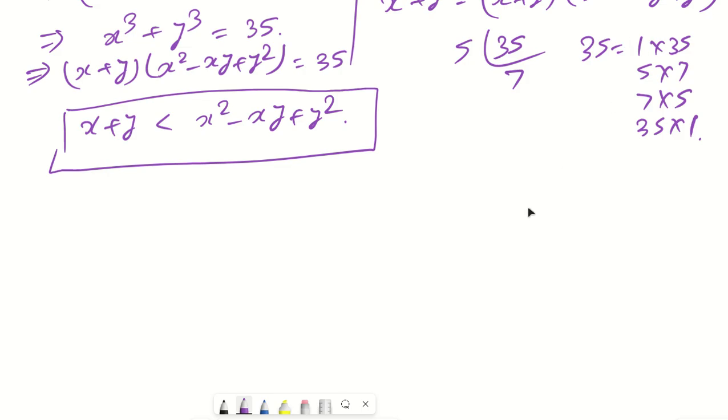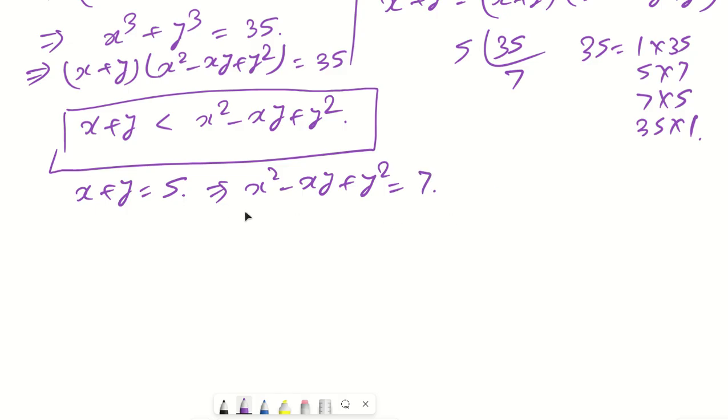So definitely it will be 5 because 1 is not possible. So what will happen? I can write it down as x plus y is equal to 5, and in that case my x square minus xy plus y square is equal to 7.